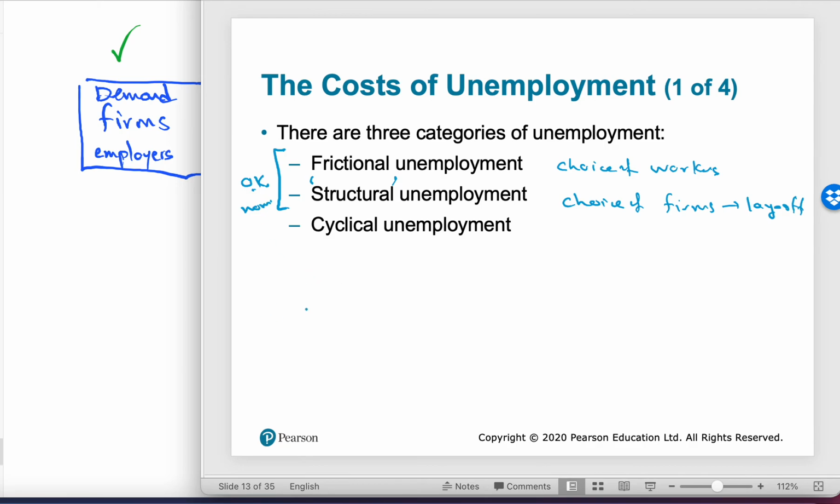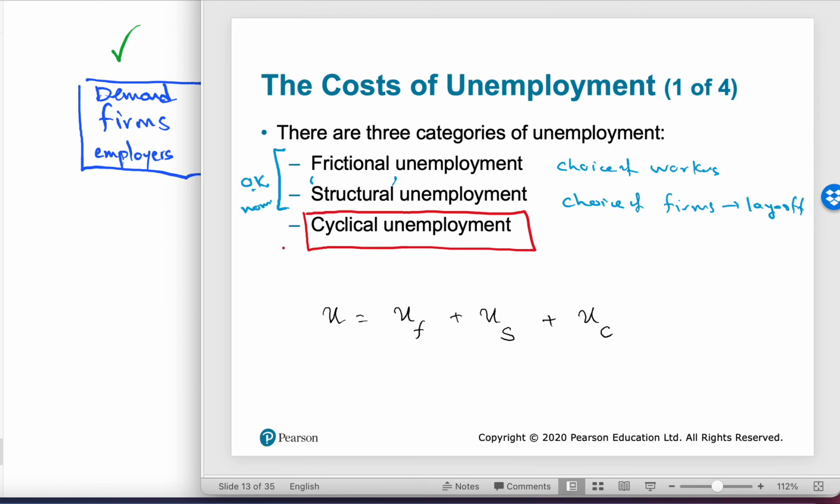So the unemployment rate consists of the frictional unemployment rate, which I'm going to explain with more examples, plus the structural unemployment rate, plus the cyclical unemployment rate. Cyclical is the danger, the trouble.